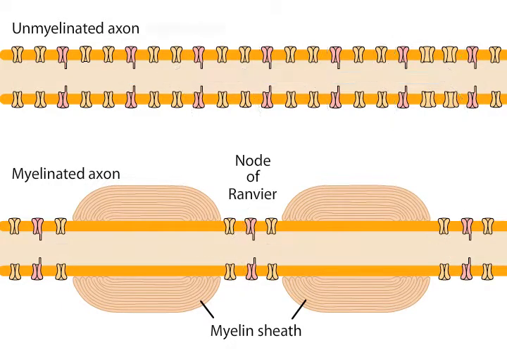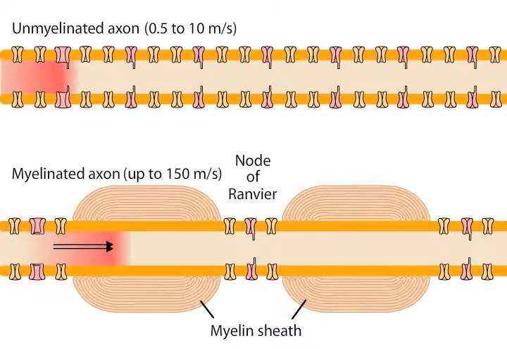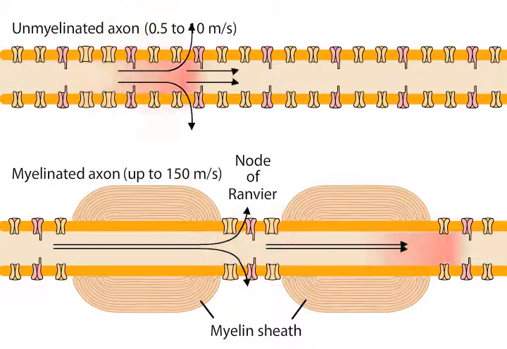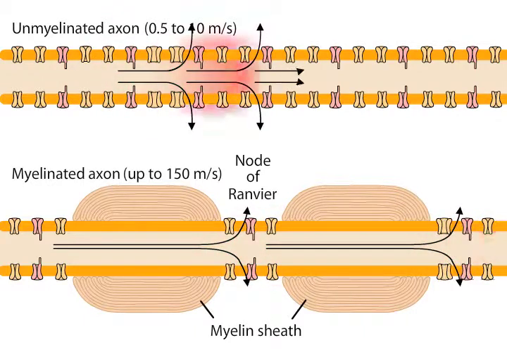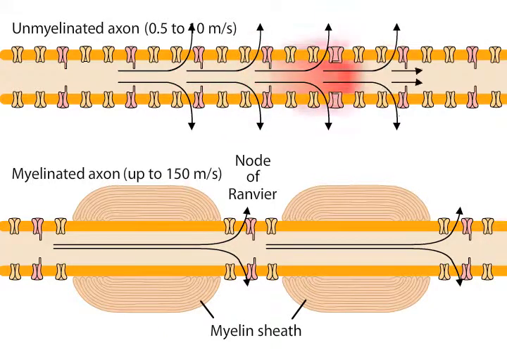The result is a greatly enhanced velocity of action potential conduction. For example, whereas unmyelinated axon conduction velocities range from about 0.5 to 10 meters per second, myelinated axons can conduct at velocities of up to 150 meters per second.